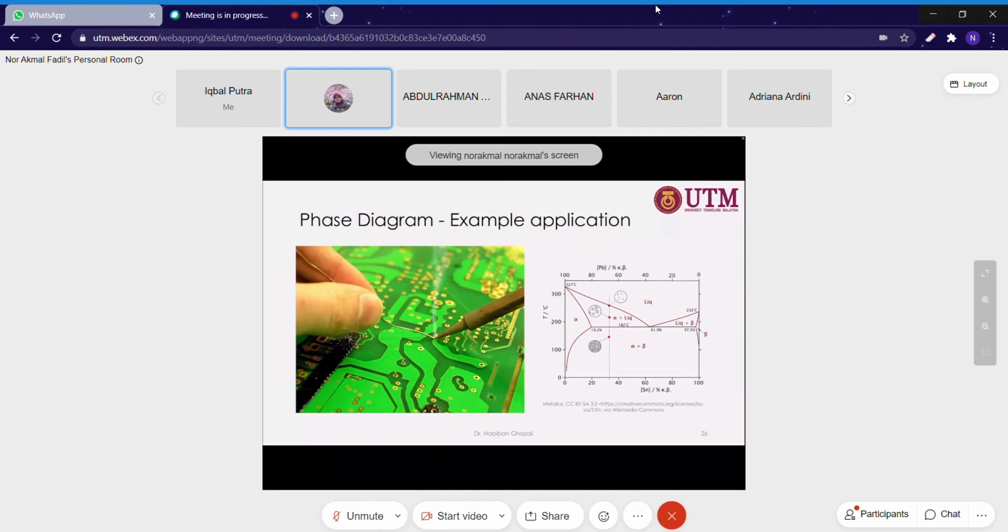What phases, whether you want eutectic structure plus alpha, or let's say if you have 100% eutectic structure, the melting temperature is lower than this one, to fully melt the solid of solder materials.